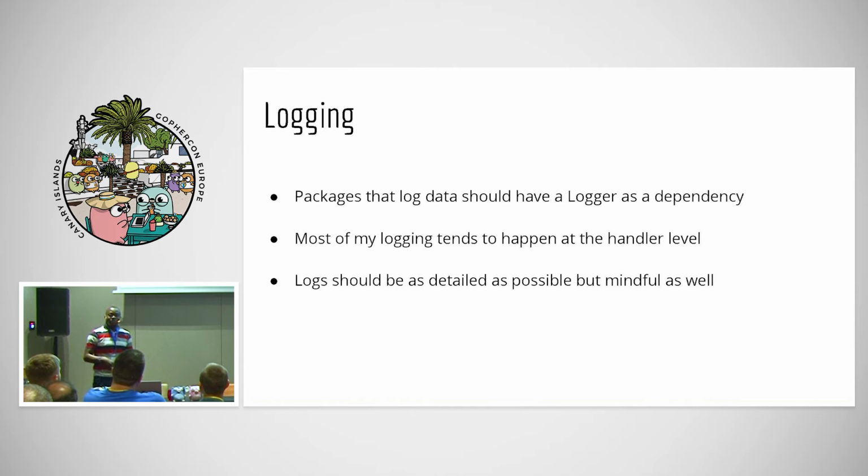Different cloud services want you to log in different ways. So I learned eventually that it's better to abstract that and have an interface as a requirement. So you're doing inversion of control at this point. You need to provide an interface for a logger. Then whoever is instantiating that struct or the handler for the business logic will need to provide a logger. That allows you to control how your application does its logging on its end. So packages that log data should have a logger as a dependency.